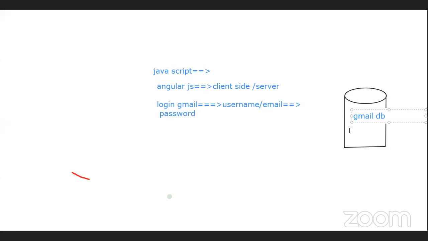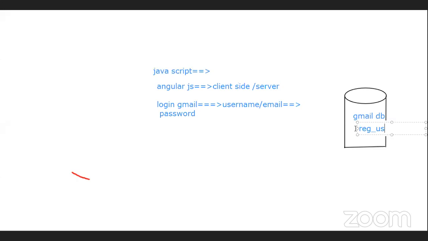This DB contains the registration information of users. In this user information table, we have first name, last name, username, password, email address, phone number, nationality, and gender. Like this, we have a number of things.